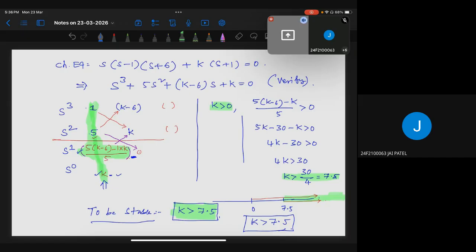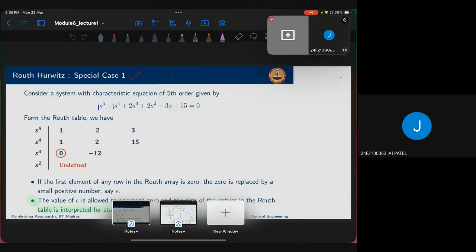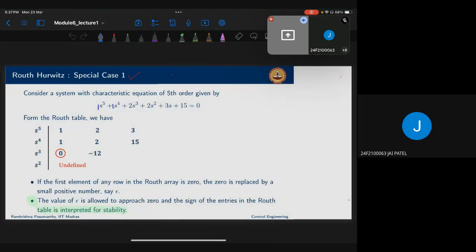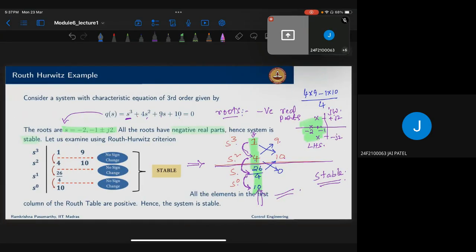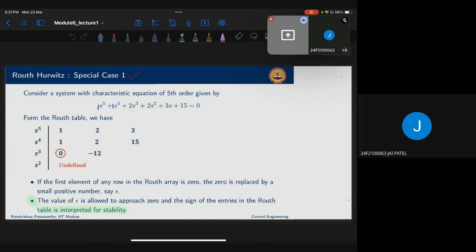Okay, so next. Here, to find how we get 26 by 4, we multiply 4 multiplied by 9 minus 1 multiplied by 10, divided by 4. Correct? Suppose in some cases you get 0 here.